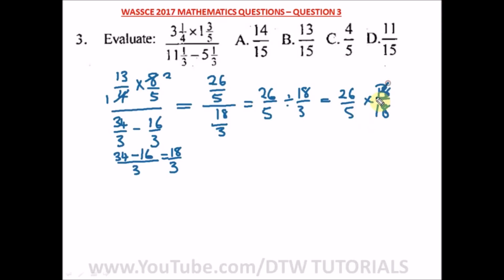So let's cancel out. We have 3 here, 1, and 3 here, 6. Can anything cancel again? Yes, 2 can go here, 3, and 2 in 26, we have 13. So what's our final answer? We have 13. 5 times 3 is 15. 13 over 15. And our right option here is option B.